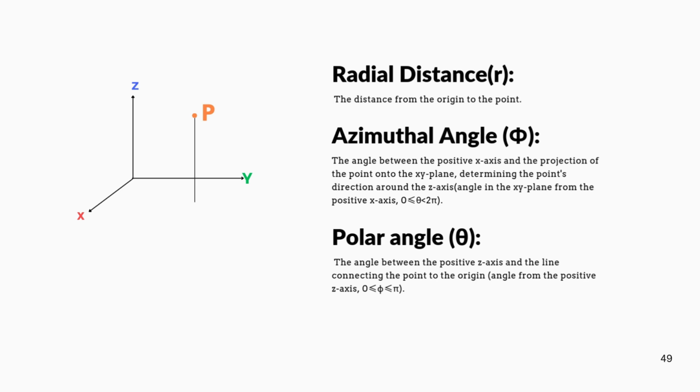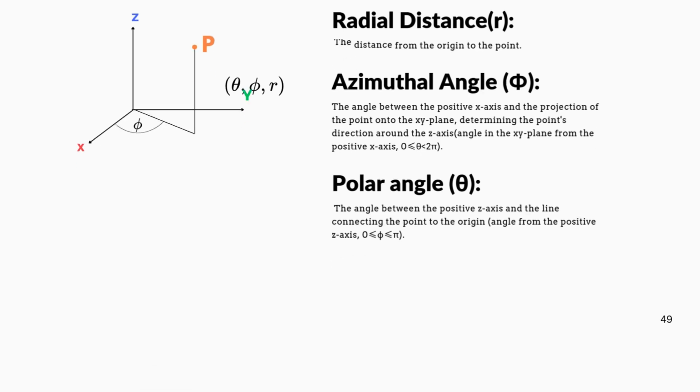It can range from 0 degrees to 2 pi, which is 360 degrees. Now the last, the polar angle phi, is the angle between the positive z-axis and the line connecting the point to the origin. It can range from 0 degrees to pi, which is 180 degrees.